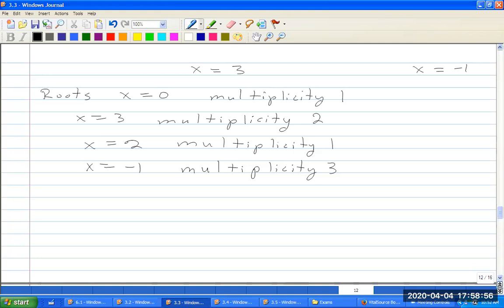So this is odd multiplicity. Even multiplicity. Odd multiplicity.